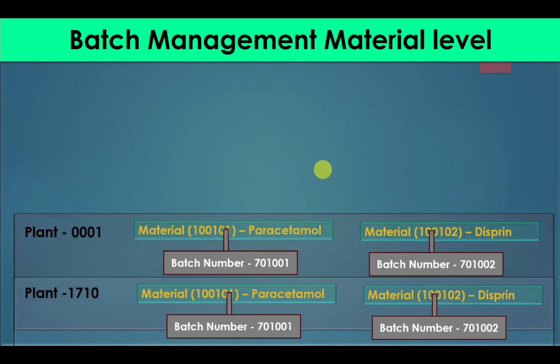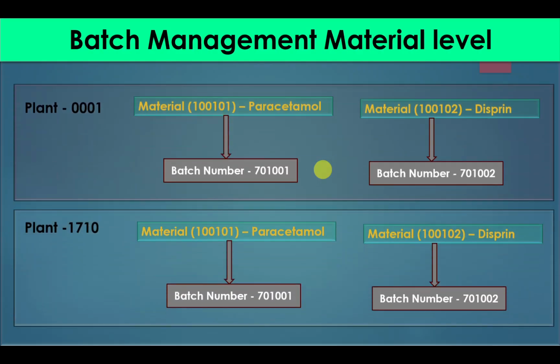So next we will see an example. Material level means you can have the same batch number across two plants or multiple plants. So you can use material level batch management for this.